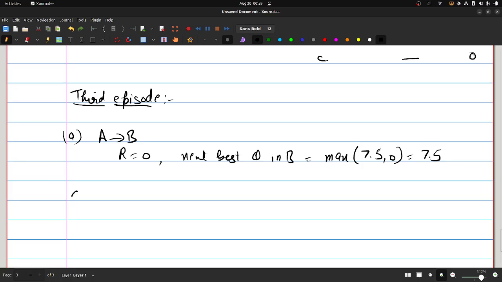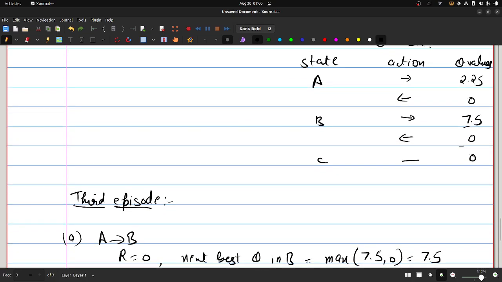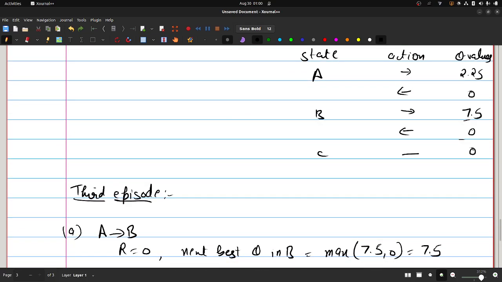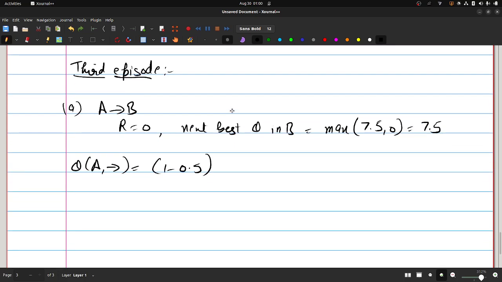Right? So the Q value for state A when it takes a right action is equal to 1 minus alpha times the Q value for state A, which is 2.25, plus alpha times the reward, which is 0, plus gamma times 7.5.